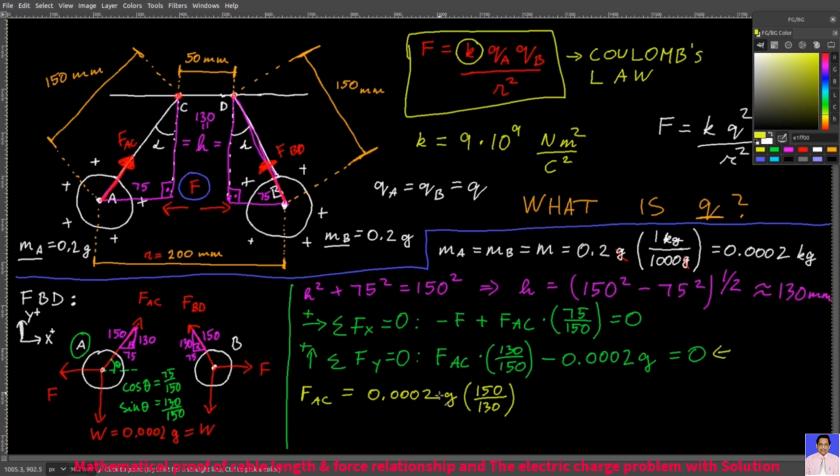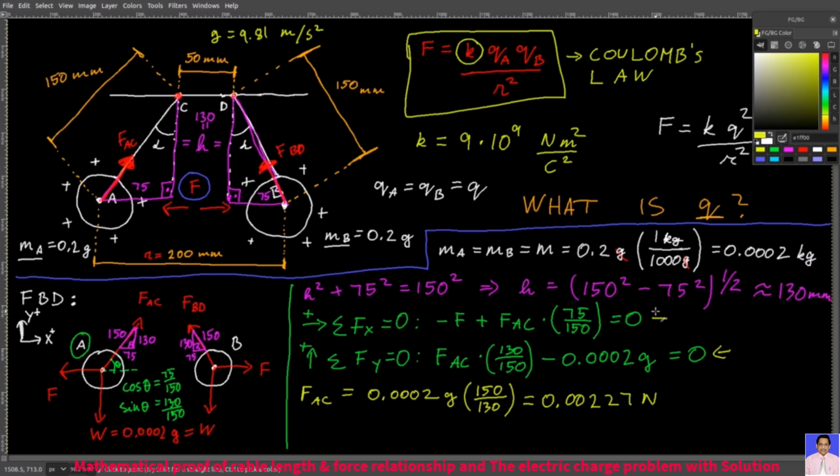And you already know what G is. G is always 9.81 meters per second squared, for as long as we are on the surface of the Earth. That's the value we need to use for G. And so if you calculate FAC, it will give you 0.00227 newtons.